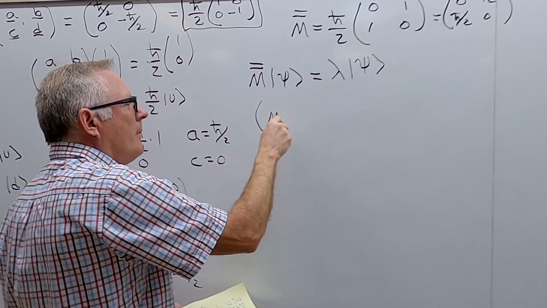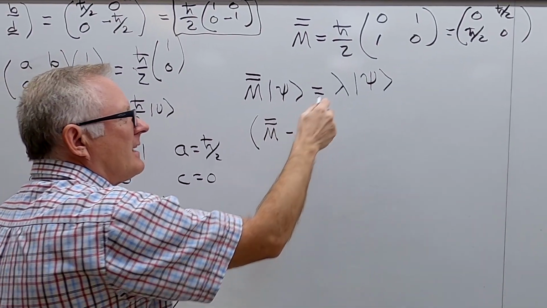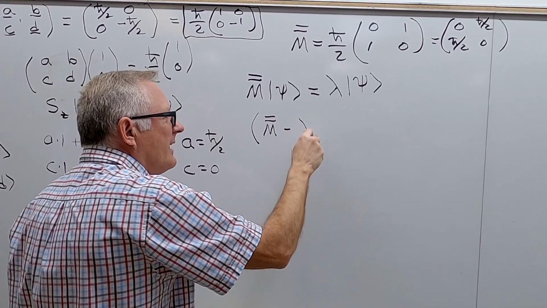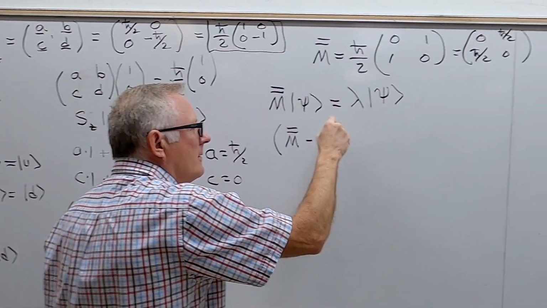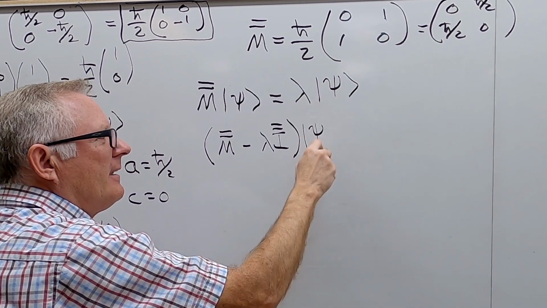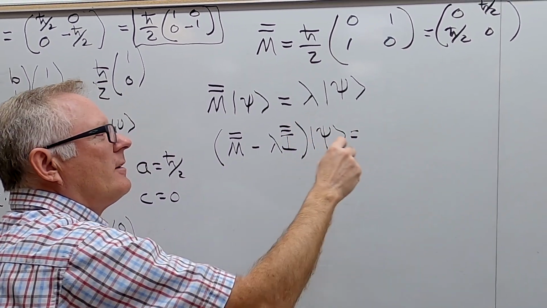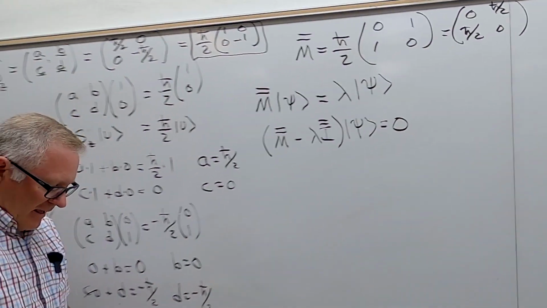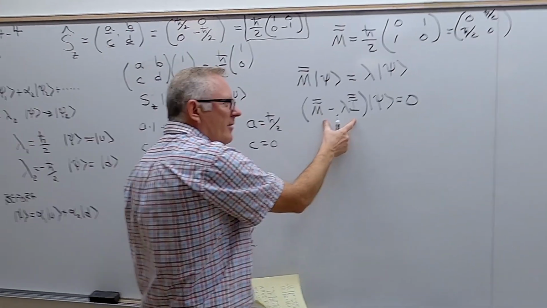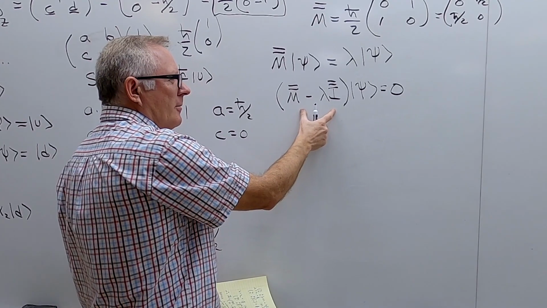So you get M minus lambda, but I can't subtract a number from a matrix, so I turn that into lambda I, the identity matrix, times psi equals 0. And the only way this can be 0 is if the determinant of this is 0. We just set the determinant of this equal to 0.